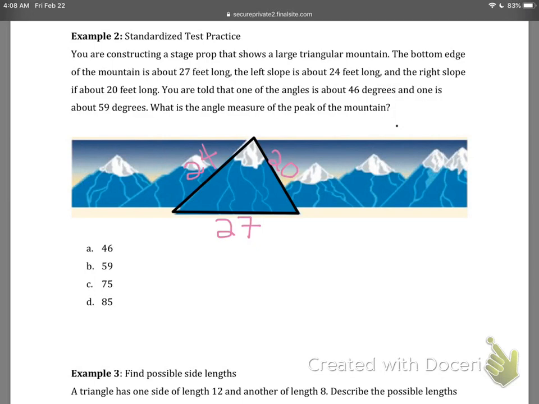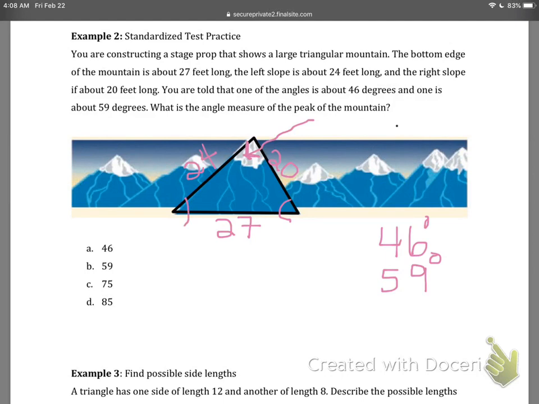You are told that one of the angles is about 46 degrees, I don't know which one, and one is about 59 degrees. But then they ask, what is the angle measure of the peak of the mountain? So they want this. Therefore, these two angle measurements must belong to the sides opposite the base angles. All right, so which one is which?